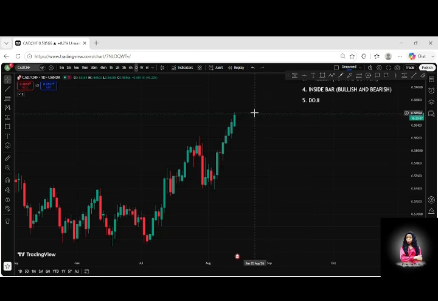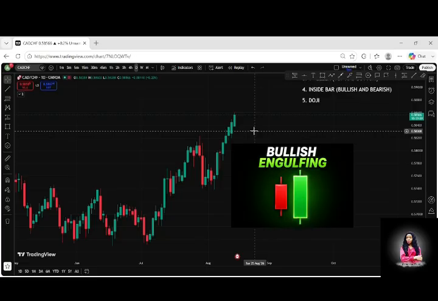Now when we talk about engulf, just like how the English sounds, engulf simply means something is enveloping a previous thing. Engulf simply means enveloping something bigger, something covers. That is engulf. Now when we say bullish engulf, it simply means a bullish candle engulfed something.